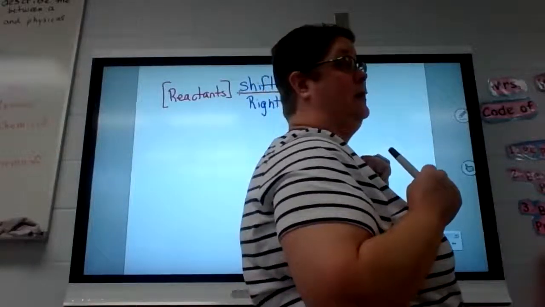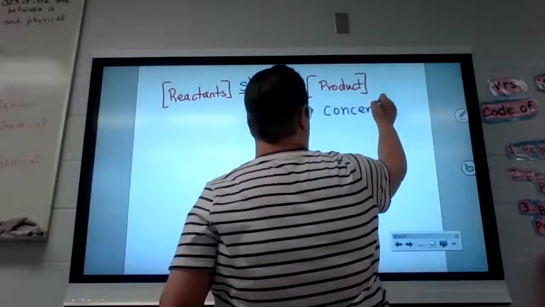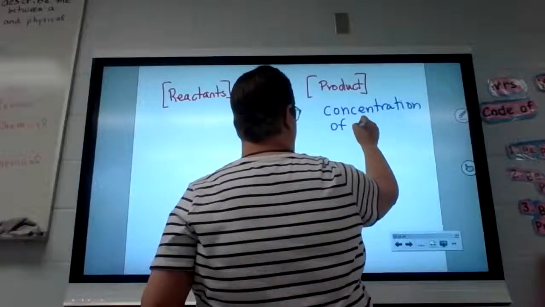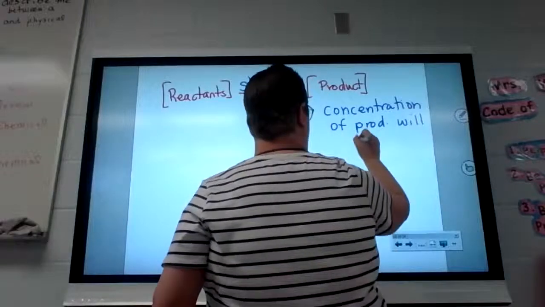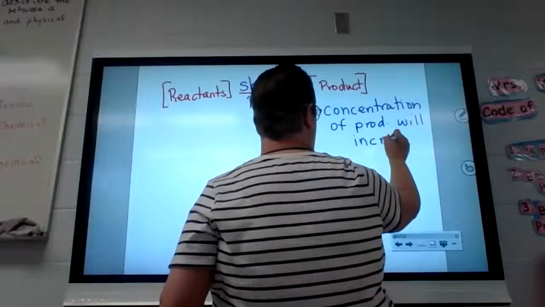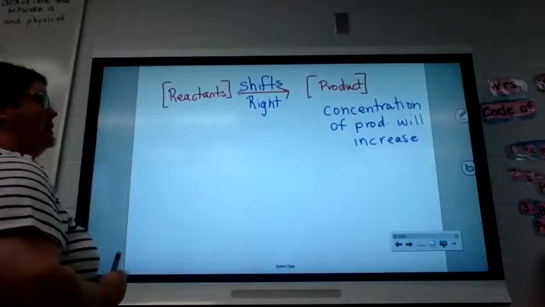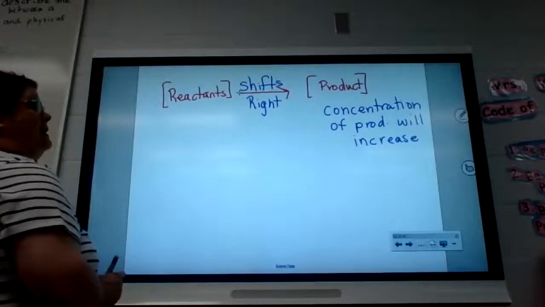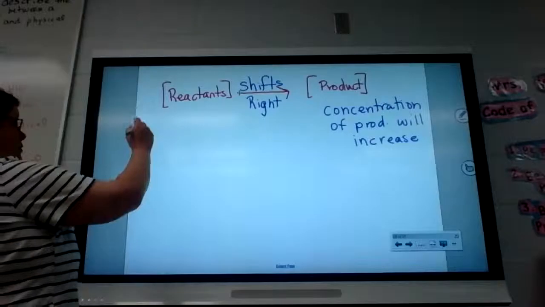They will increase. So, if the products increase, what will happen to the reactants? They will decrease.